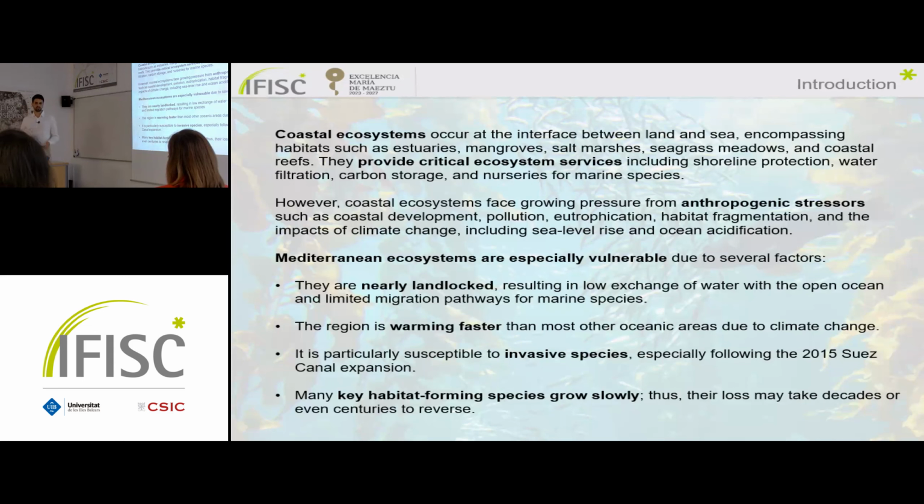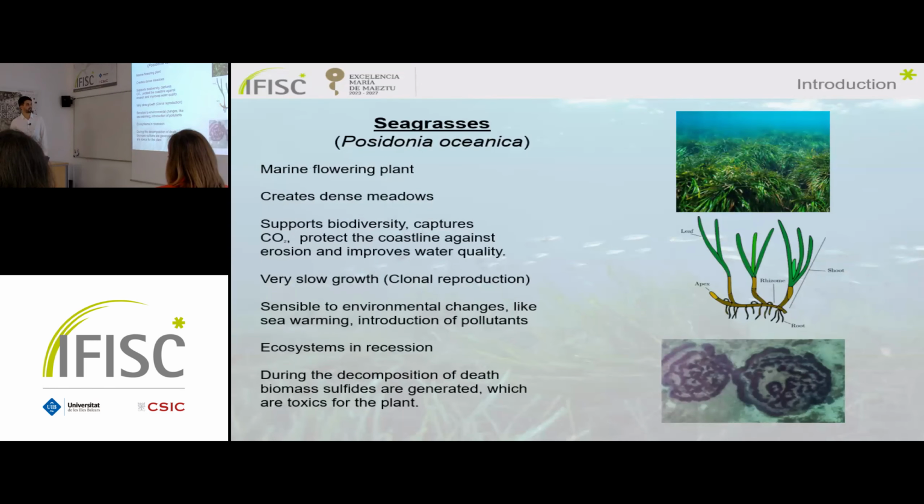So in this thesis, we talk about two of these ecosystems. The first of them is seagrass meadows. In particular, the one I focus on the most during the thesis is Posidonia oceanica. This is a group of marine flowering plants that create these very dense meadows.